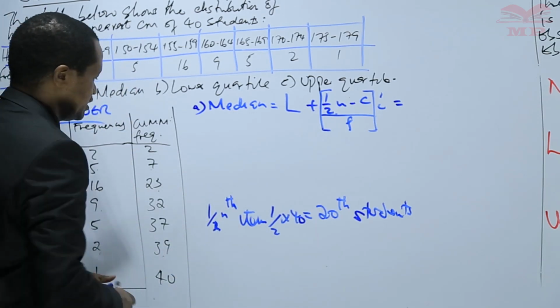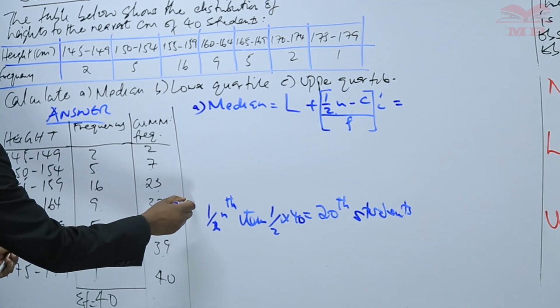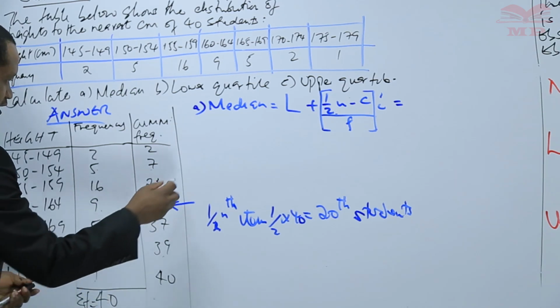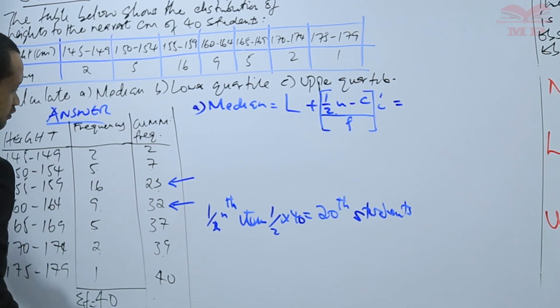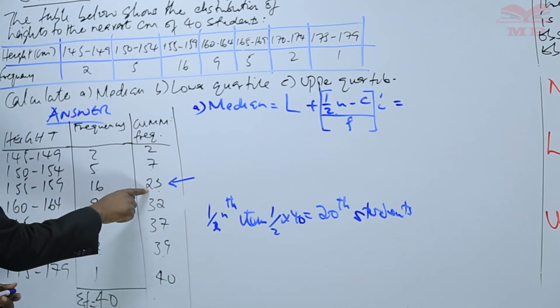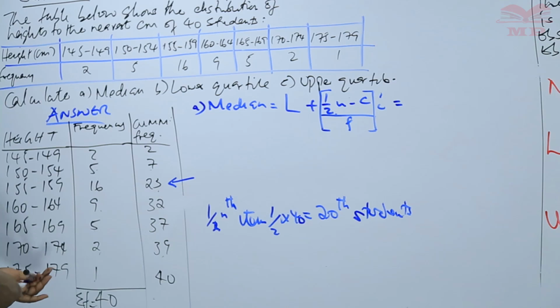The 20th student falls in the class where we have 23 cumulatively. That is 155 to 159.